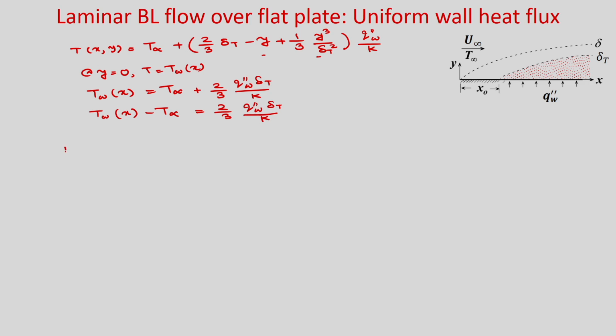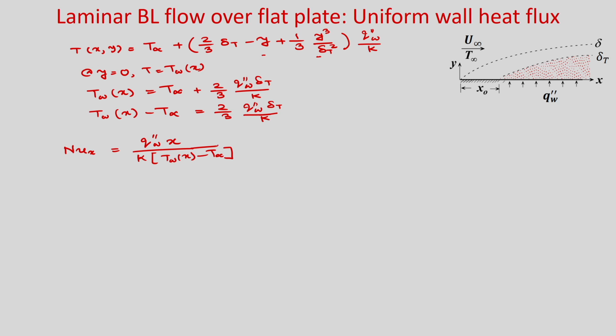Now, you can put it in the Nusselt number distribution whatever we have found. Nusselt number Nu x we have written as q double prime w x divided by k into T w(x) minus T infinity.